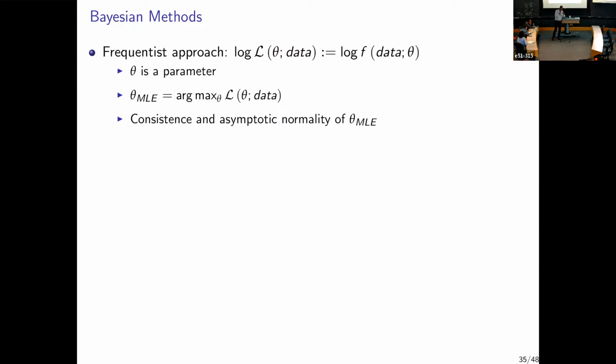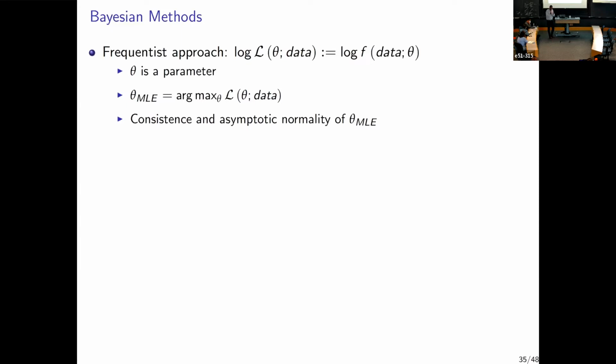So first, remember your frequentist approach. If you want to write the likelihood of a parameter given the data, that is defined as the log of the density of the data given the parameters, right? That is what the frequentist would do. Now, theta is really a parameter. It's not data. It's not a random variable.